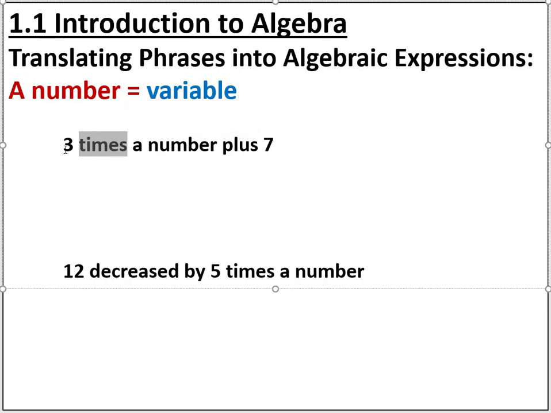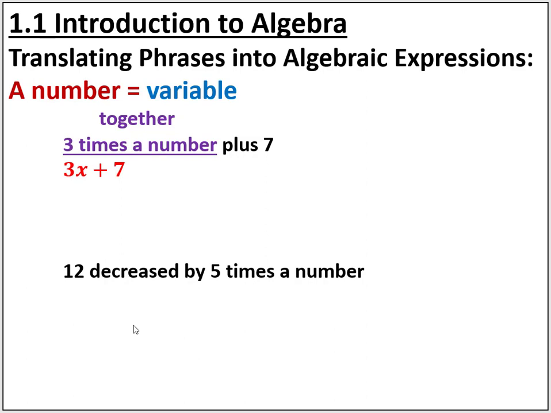So that means that the 3 and a number go together. Let's identify that it's one thing, the 3 and the number being multiplied to each other. They go together. So when it says 3 times a number, that means it's going to be, in this case, 3 times x, or 3x. And what comes after is a plus 7. So that means we're going to write plus 7. So our answer will be 3x plus 7.